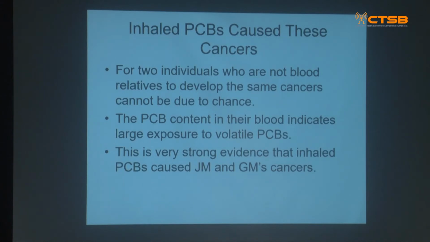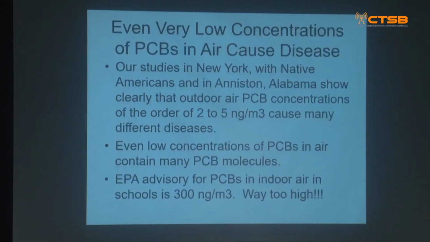So although there's not any other evidence, and this is only 2 people, I take this to indicate strongly that inhalation of PCBs can cause cancer. We know that PCBs are rated by the International Agency for Research on Cancer as known human carcinogens. But this, I think, is the first evidence that it's the lower chlorinated PCBs that do it.